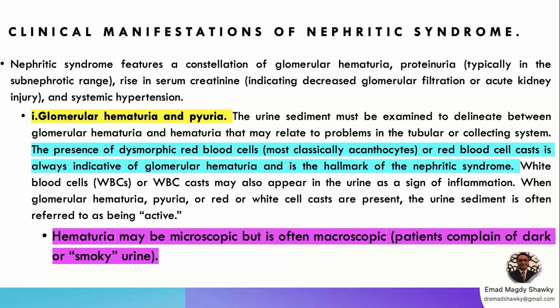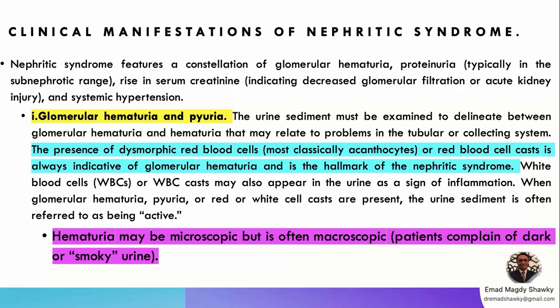So glomerular hematuria and pyuria, why? Because I know that there is a disruption of the endothelium, so the RBCs will be fragmented and will skip into the urine. The white blood cells, which cause the inflammation or which are recruited by the immune complexes or the antibodies, will be there too. And here is one of the most common questions: what are the criteria of glomerular affection or glomerular hematuria?